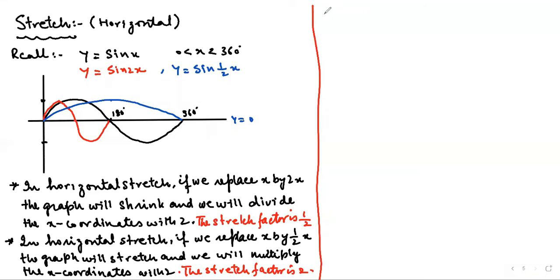Now consider this example. There is a curve f of x is equal to x square plus 3x plus 2. Draw the graph for this.